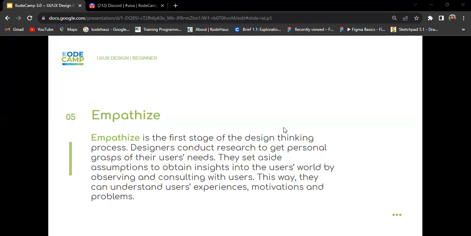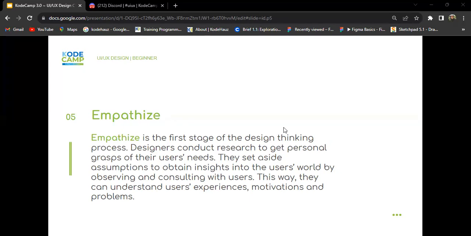Of course, none of us can fully experience things the way other people do, but we can attempt to get as close to it as possible. And we can achieve this when we put aside our own preconceived ideas about the world and choose to understand the ideas, thoughts, and needs of others instead. So what we have here on this slide: empathize is the first stage of the design thinking process.